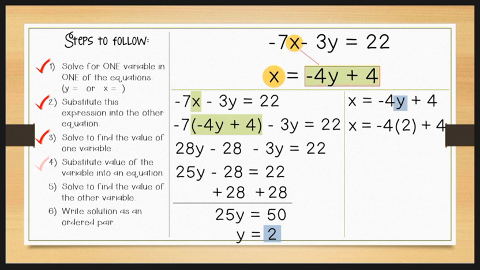So now we have substituted that value into the equation, and now we are going to simplify. So negative 4 times 2 is negative 8, and so we would have x equals negative 8 plus 4, and simplify that, so x equals negative 4. So now we have solved to find the value of the other variable, and we would write our solution as an ordered pair. So our x value in this case was -4, and our y value is 2.